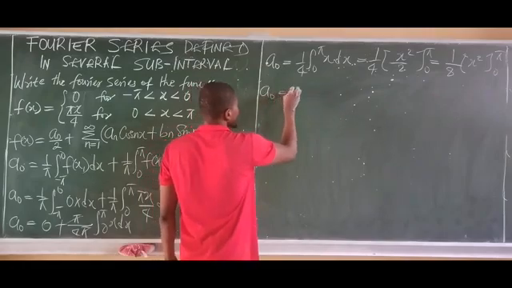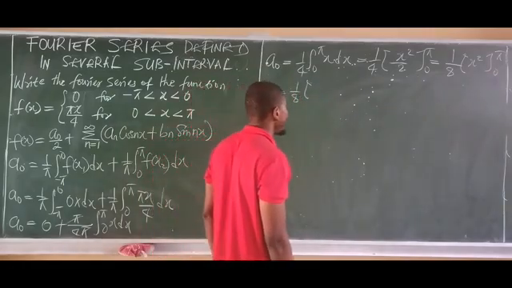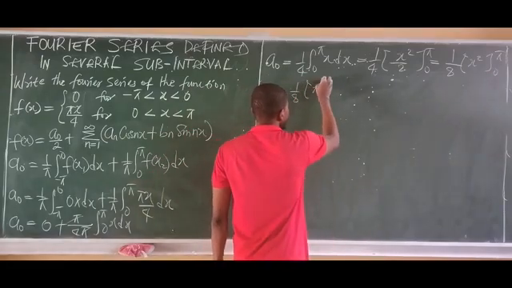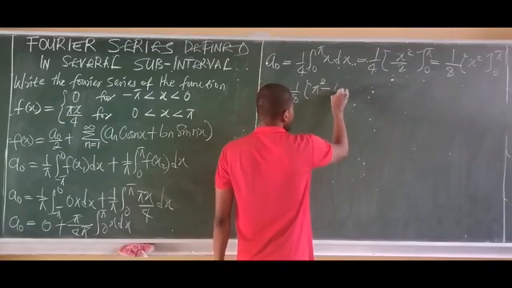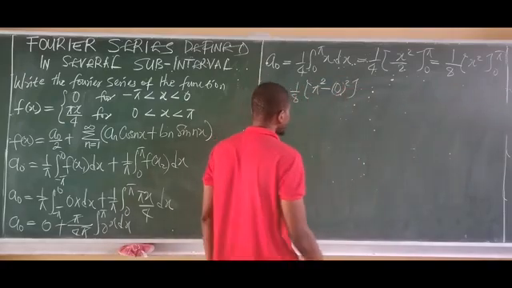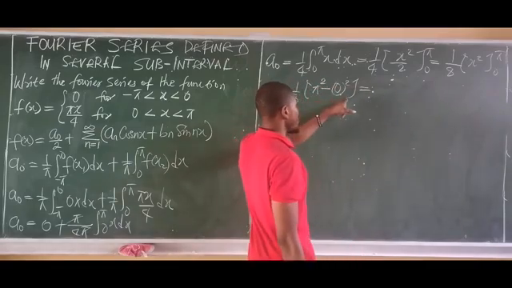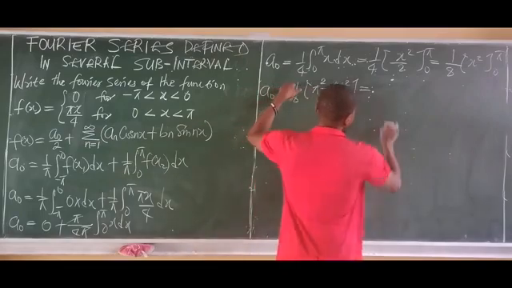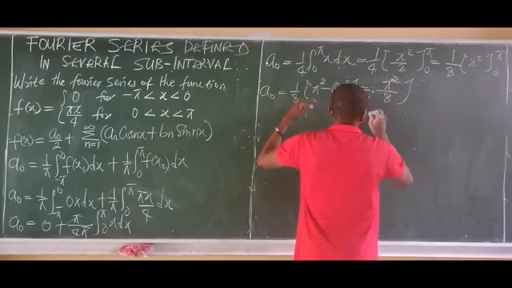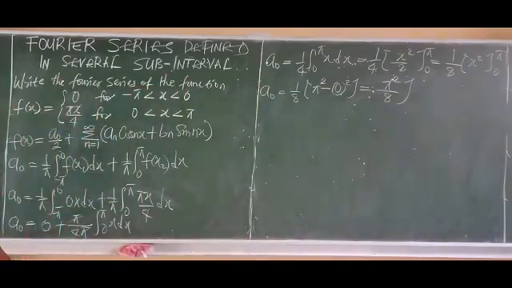Remember, upper limit comes first. So you have x squared there, and the upper limit is pi. This becomes pi squared minus the lower limit, which is 0 squared. So this is equal to pi squared minus 0 squared, which remains pi squared, times 1 over 8. You have pi squared all over 8. So a naught is simply pi squared divided by 8.